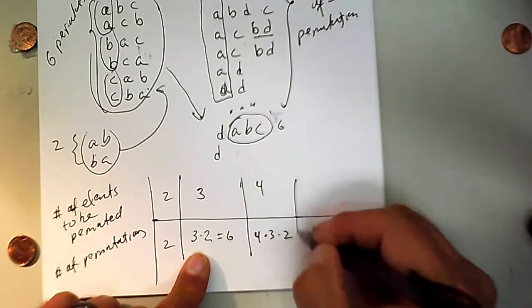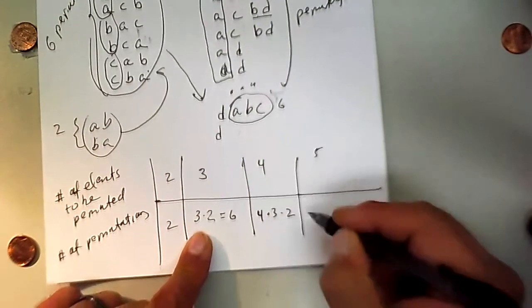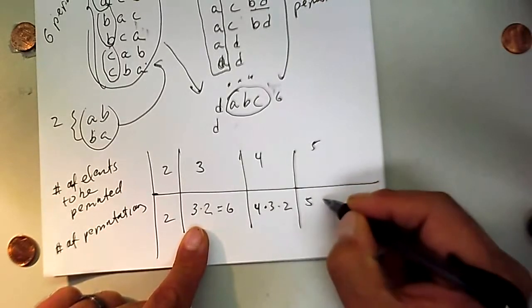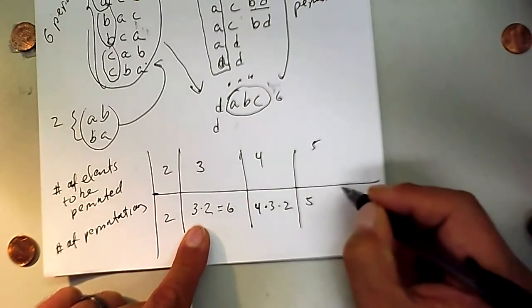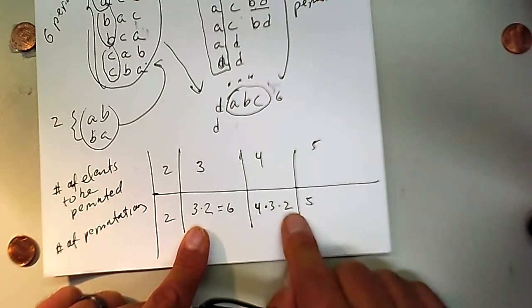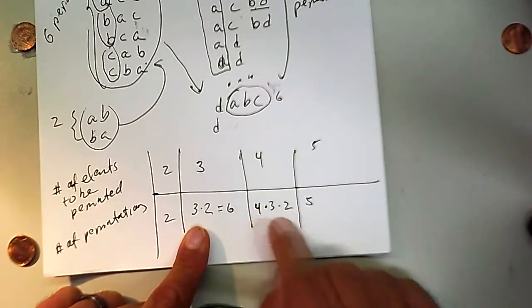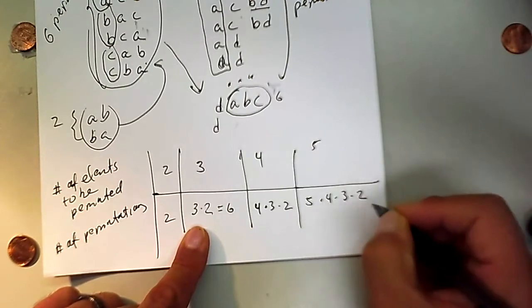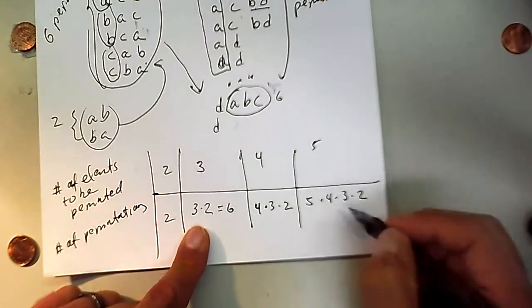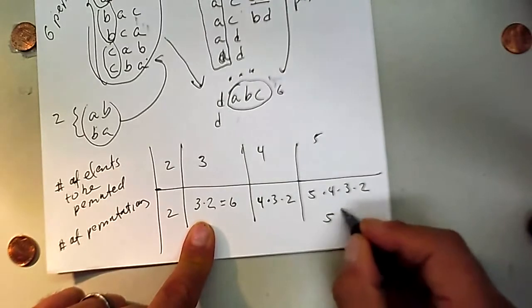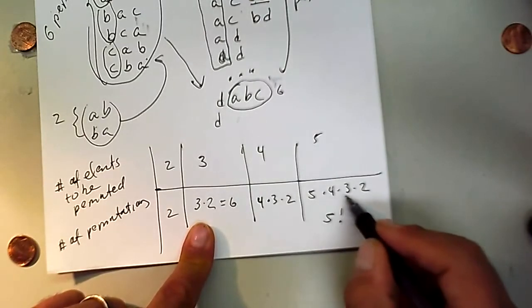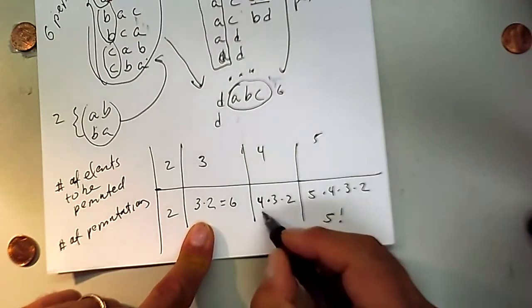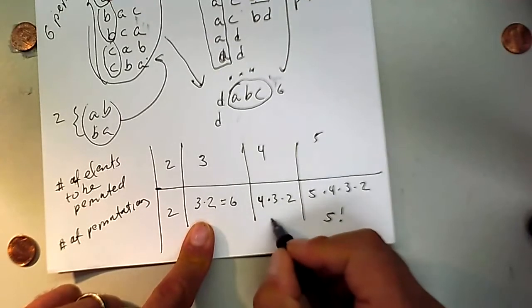Okay. And then if we have 5, well, the first element could be any of the 5. The last 4 elements can be rearranged in any of those 24. So that means 5 times 4 times 3 times 2. That number is called 5 factorial. 5 times 4 times 3 times 2 is 5 factorial. 4 times 3 times 2 is 4 factorial.